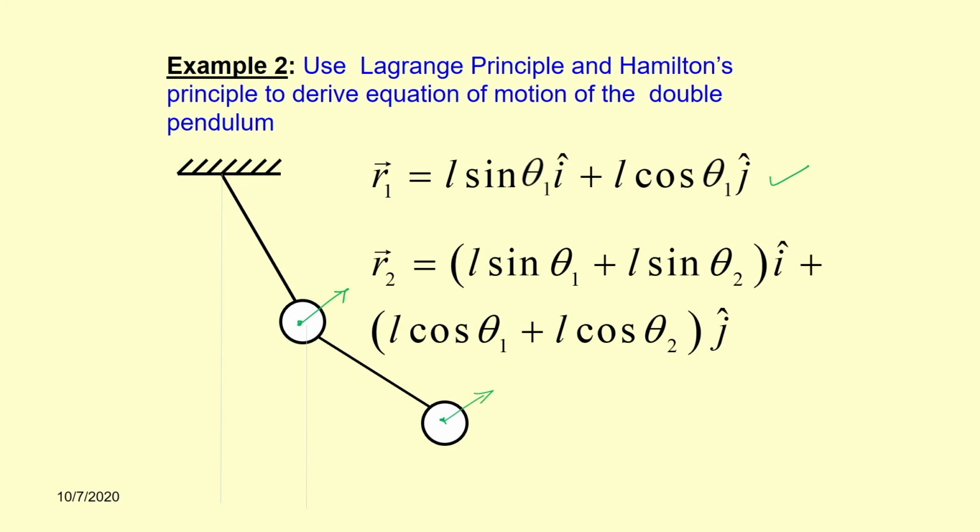Then after getting the velocity term, the kinetic energy term and potential energy can be written. As these energy terms are scalar terms, you need not worry much regarding the direction. So, after finding the velocity term, the kinetic energy and potential energy, then by writing L equal to T minus U, and then using the Lagrange principle d by dt of del L by del q k dot minus del L by del q k equal to, as no force is acting, you can put it equal to 0 and you can derive this equation of motion.